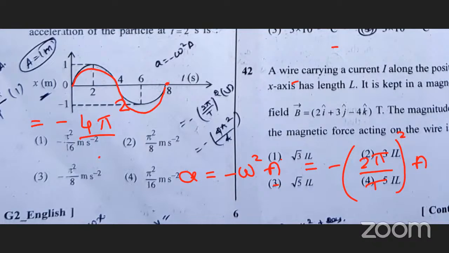So 8 square will become 64, into A, where the amplitude value is 1. So minus pi square by 16 is the right answer. The answer for this question is minus pi square by 16 meters per second squared. Option 1 is the right answer here.